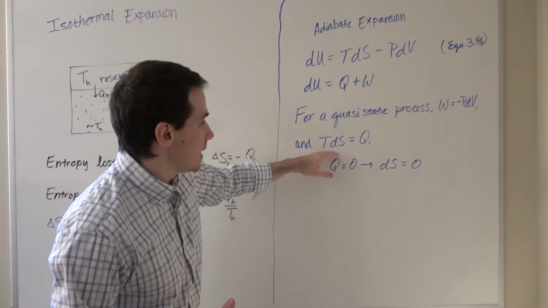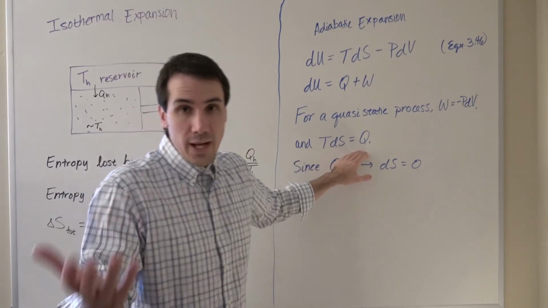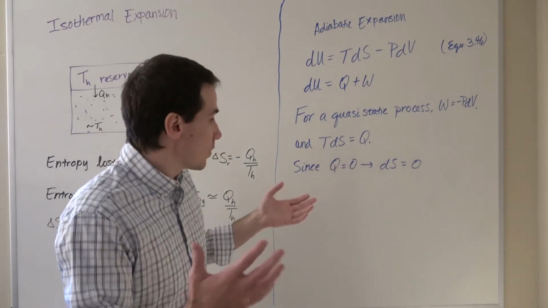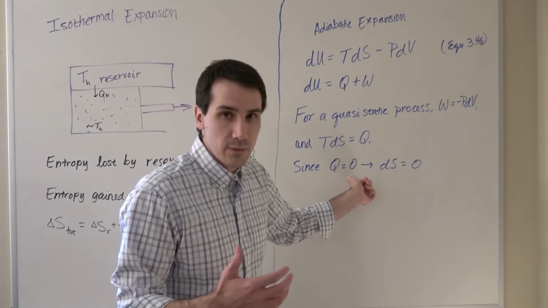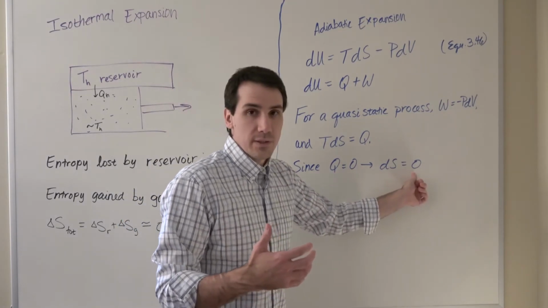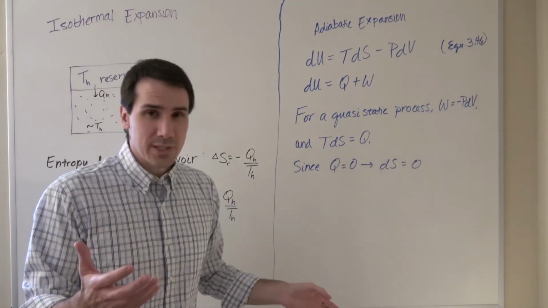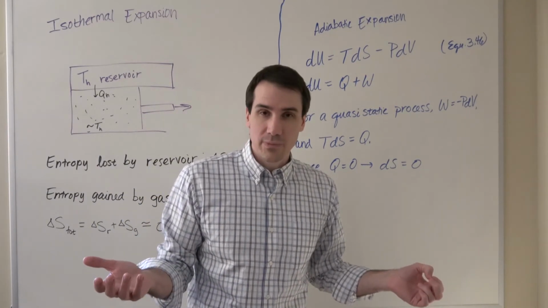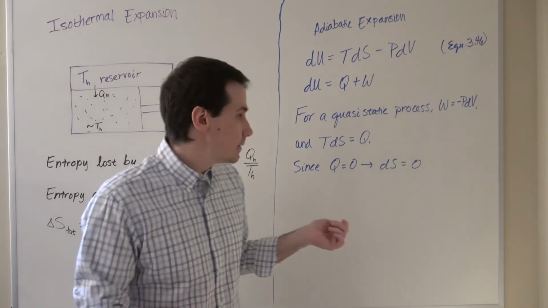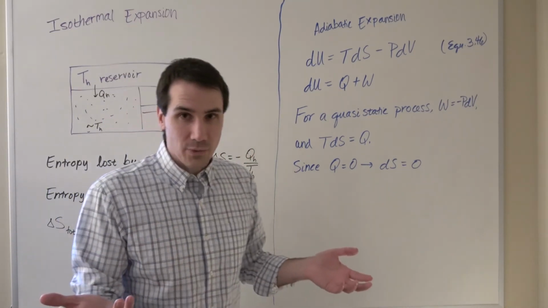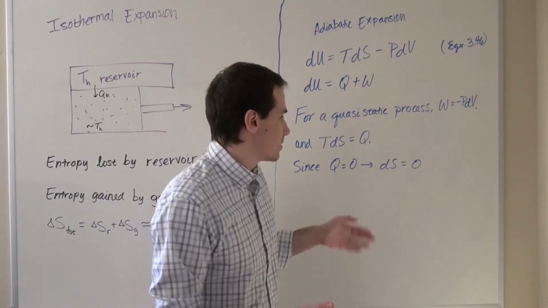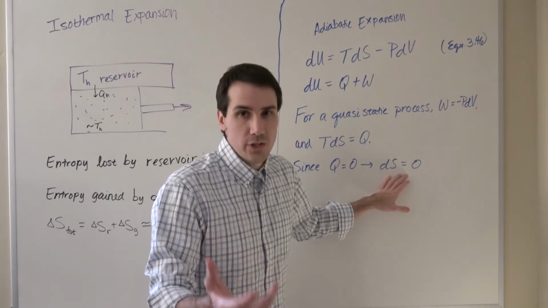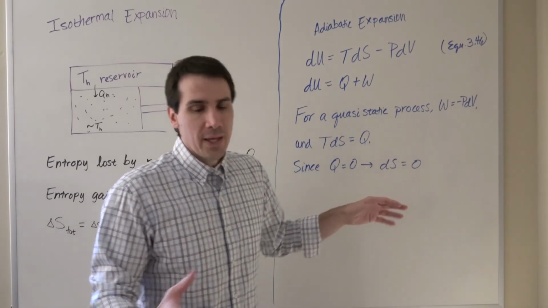So we had TdS equals Q. This is true for any quasi-static process. Because we're adiabatic, Q equals 0, and therefore dS equals 0. Of course, we could say T equals 0, but that would be a kind of illogical solution to this problem, just to say that it happens at absolute 0. None of our engines are actually working at absolute 0. That doesn't make any sense. So we must have 0 change in entropy.